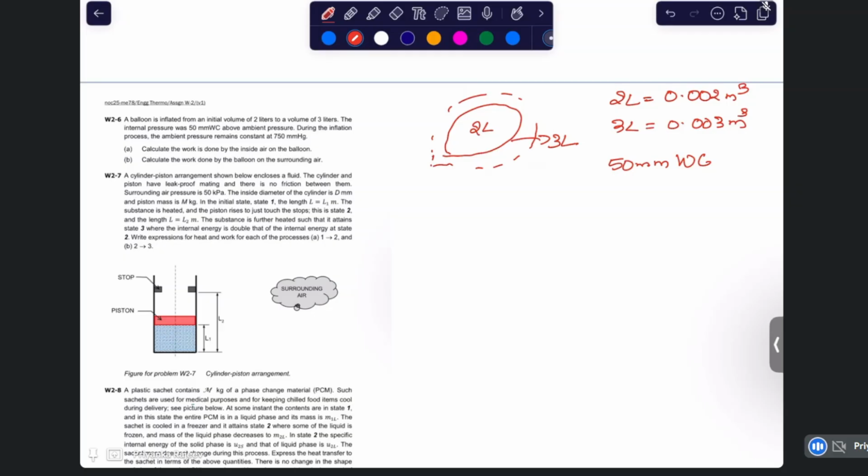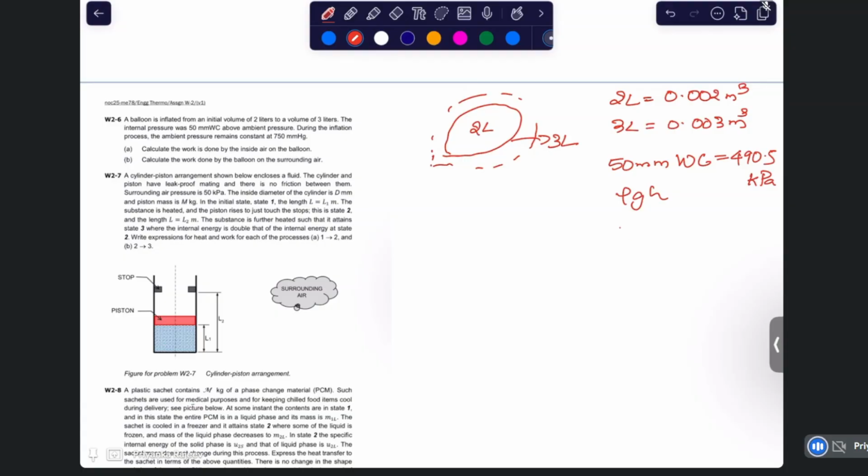So conversion is like, you will be multiplying it like rho g h to get it in Pascal. So the value is 490.5 Pascal. Rho for water is around 1000, g is 9.8 and h is 50 mm. So when you multiply it, you will be getting 490.5 Pascal.